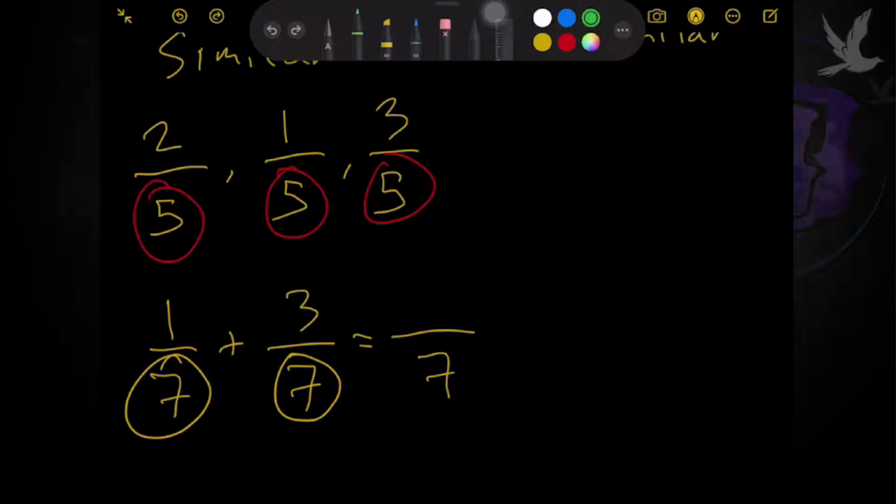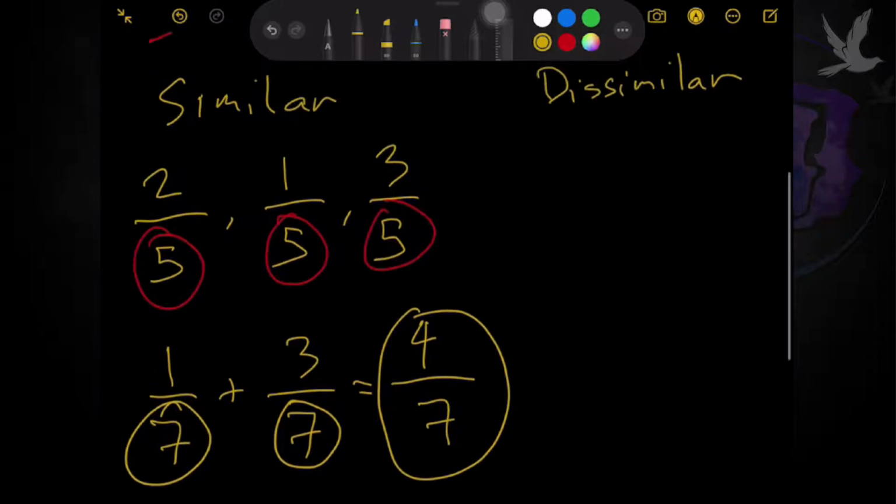Add or subtract na lang tayo sa ating numerator, which is in this case is 1 plus 3. 1 plus 3 is equivalent to 4. So which means 1 over 7 plus 3 over 7 is equivalent to 4 over 7. Okay? So ganun lang yan.